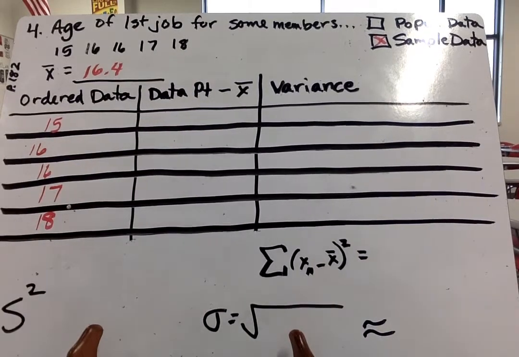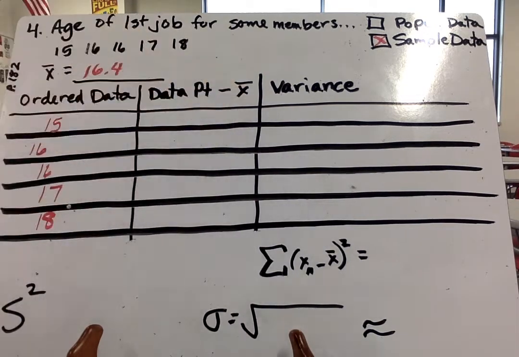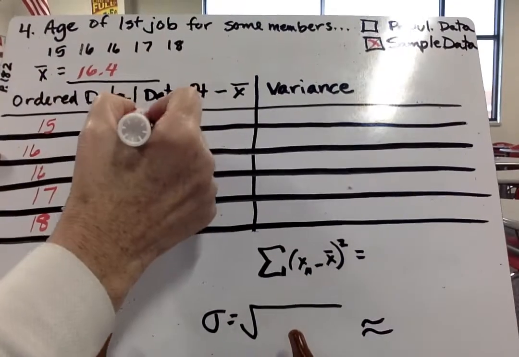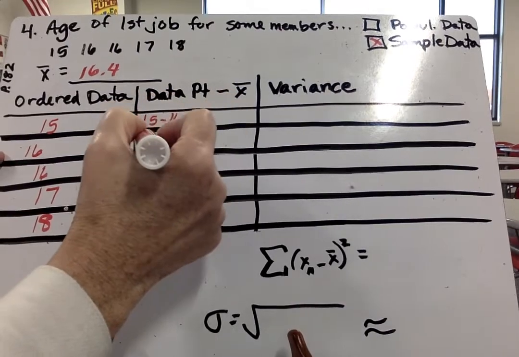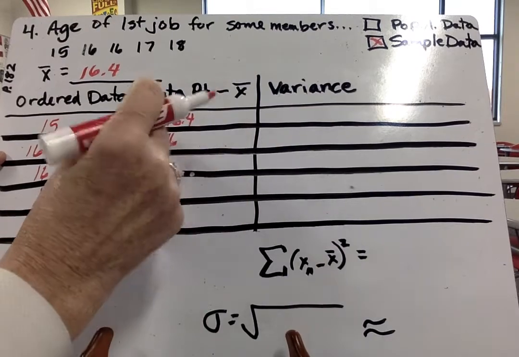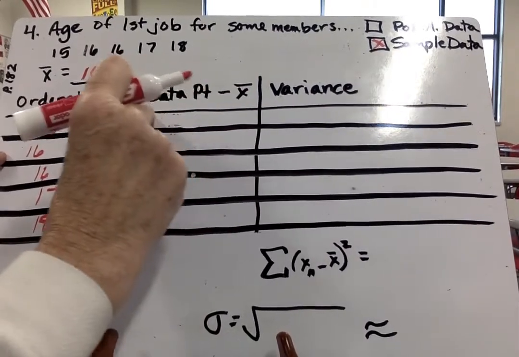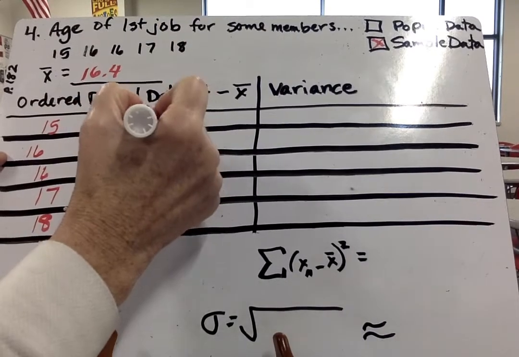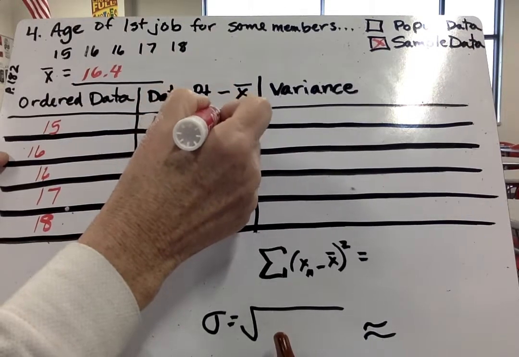Okay, and again, these are the steps for finding the standard deviation. So now I take my data point minus the mean. So it's 15 minus 16.4. The data point is 15 and the mean is 16.4, so that's right.